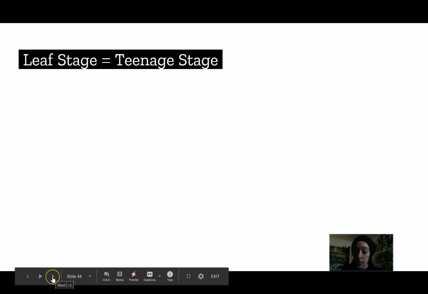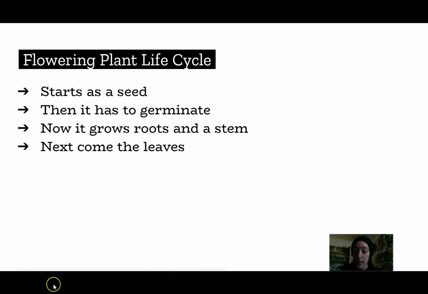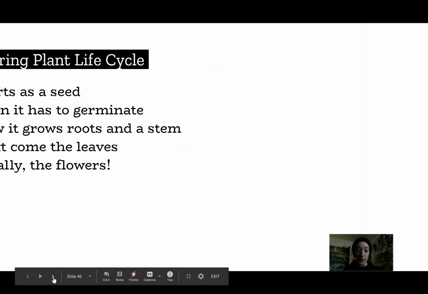And we know a plant is ready for adulthood when it shows us the next stage of the life cycle, which is flowers. So we have a seed germinates, it grows roots and a stem, then leaves, and leaves, leaves, leaves, then finally the beautiful flowers.